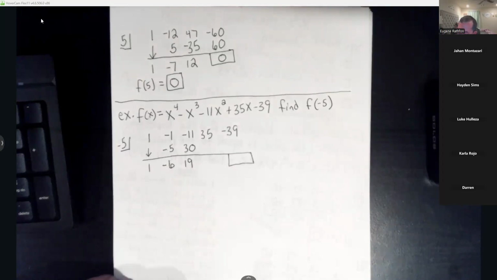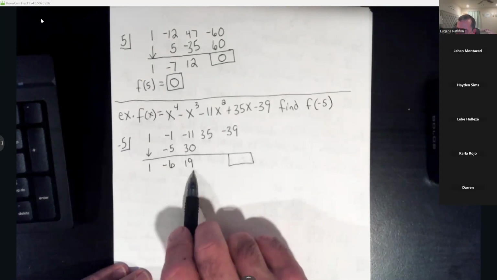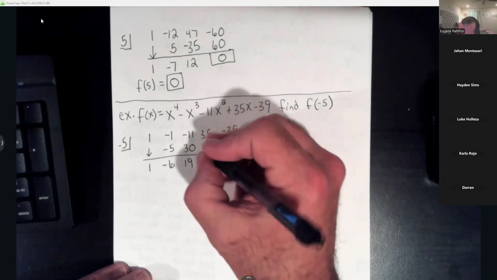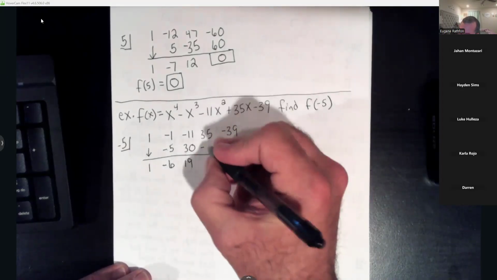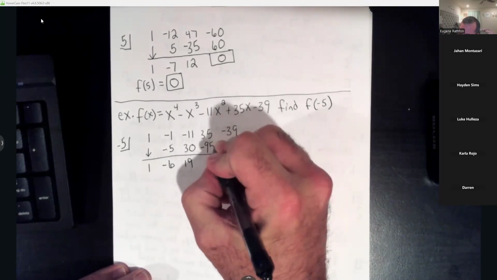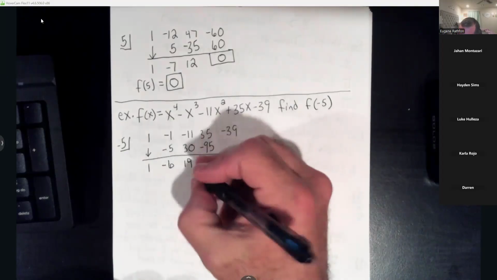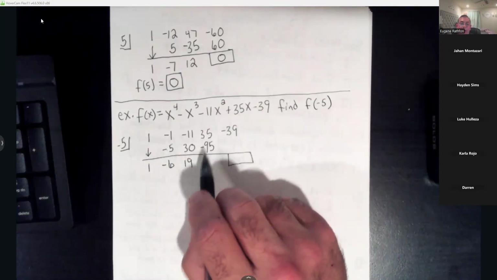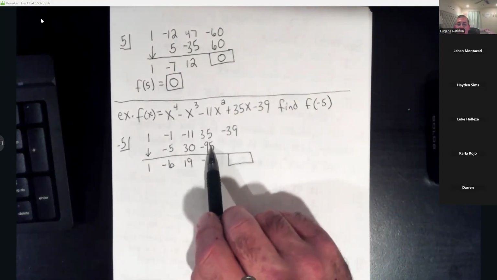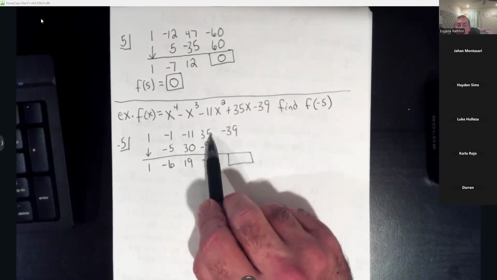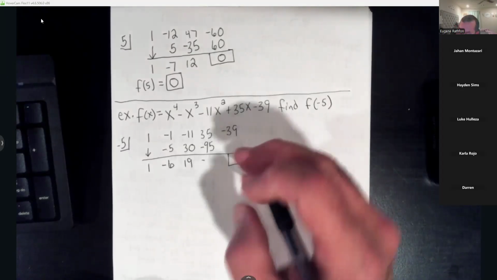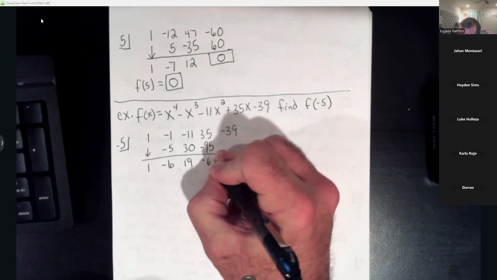I'm going to need you to multiply for me in a second. 19 times negative 5 is negative 95. Also, this is going to be negative no matter what because the negative is larger. So negative 95 and positive 35 give me negative 60.